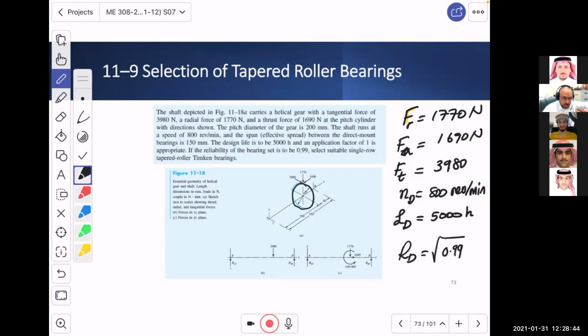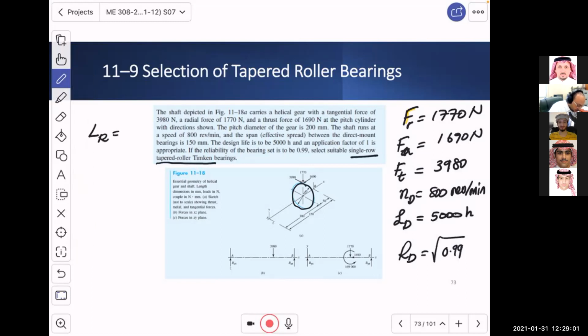That's the reliability, the desired one. Okay. And we want to use single row tapered roller Timken bearings. Timken bearings, it means that what? L rating is 90 multiplied by 10 to the power 6. Good.